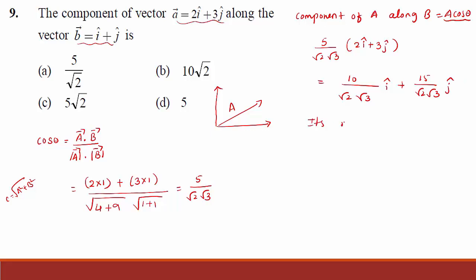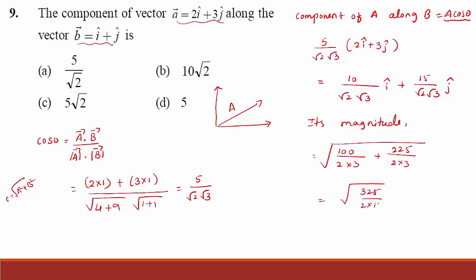So its magnitude we can write as root of 10 square, 100 divided by 2 into 3, plus 15 square, 225 divided by 2 into 3. So we will get root of 325 divided by 2 into 13, or we can write it as 5 divided by root 2. So 5 by root 2 means option A is correct.